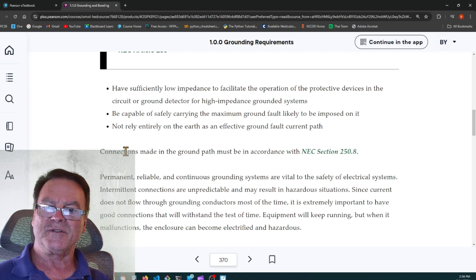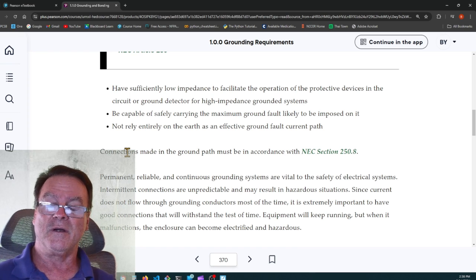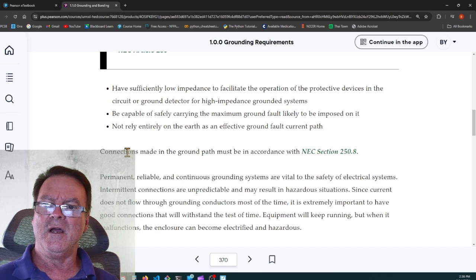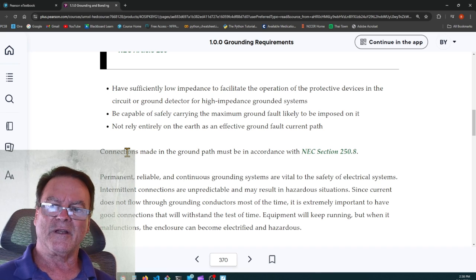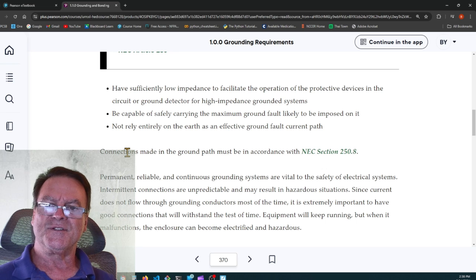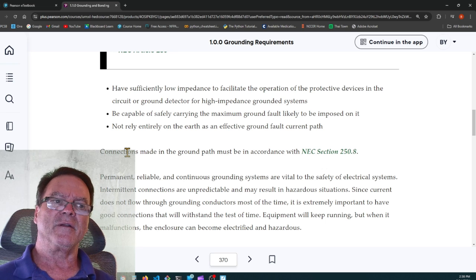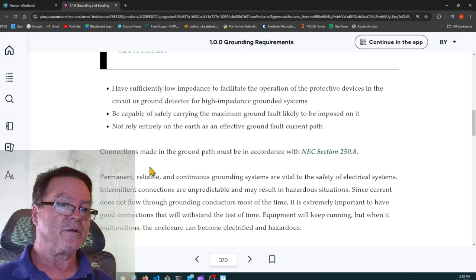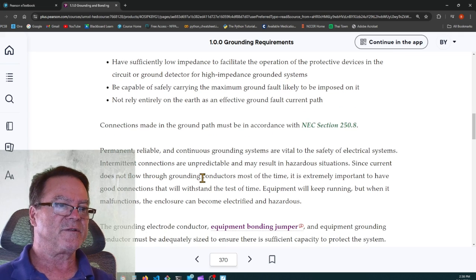It's funny, at the same time, they will tell us that the earth is both a good conductor and not a good conductor. We can't rely on the earth to be a circuit conductor, but it will conduct electricity if you're standing on the ground and you touch an ungrounded conductor, you're going to get hurt. So it is both a good conductor and not a good conductor. I know that sounds silly, but it's true.